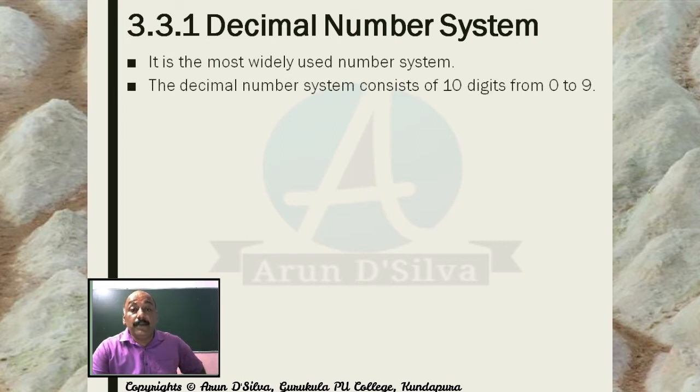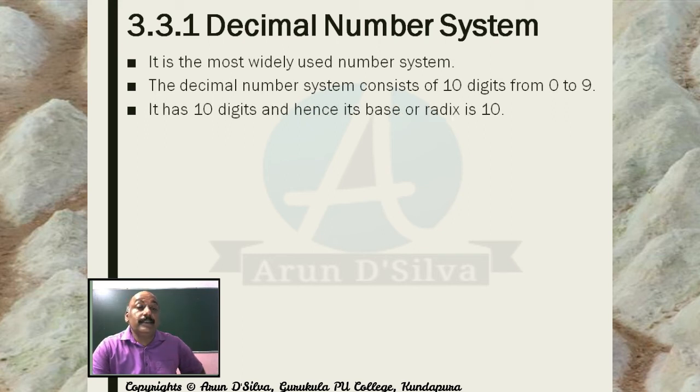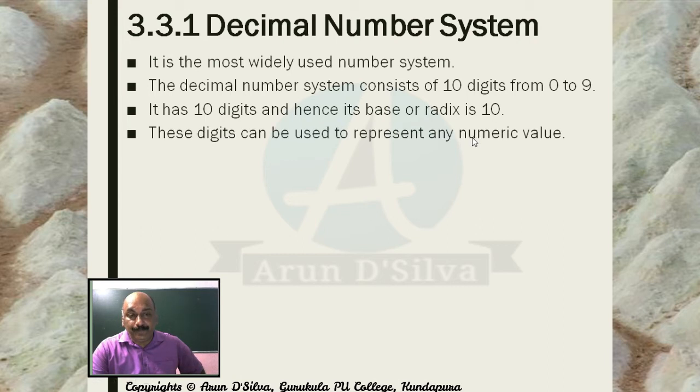The decimal number system consists of 10 digits, from 0 to 9. Yes, everybody knows, right? So I will not tell you all the digits again. It has 10 digits and hence its base or radix is 10.